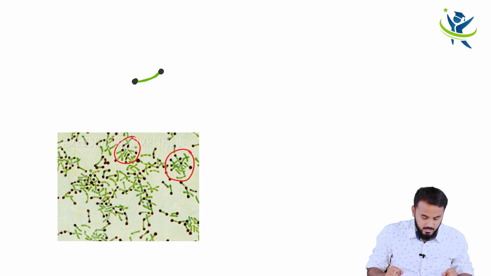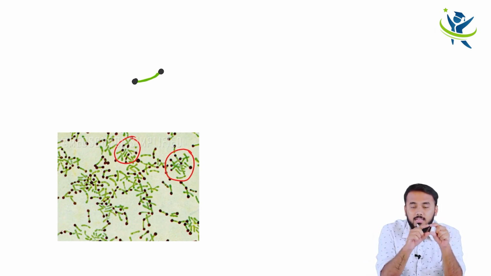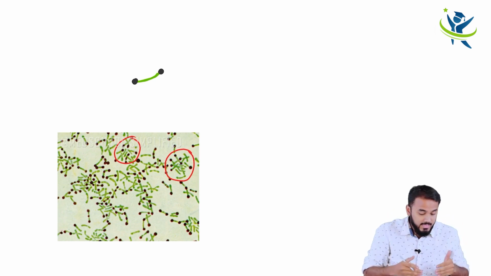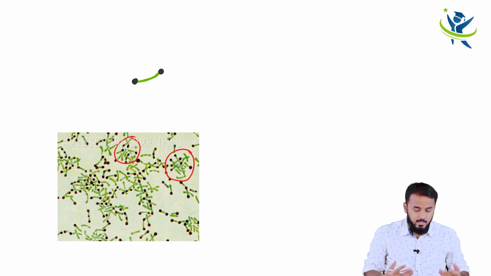If you ask me, are they in the form of a chain? No. If they were in a chain, I would call it strepto. Are they in a cluster? No. If they were in a cluster, I would call them staphylo. But they are not in a chain, not in a cluster. They are randomly, irregularly, in a haphazard position, located as they want, right?